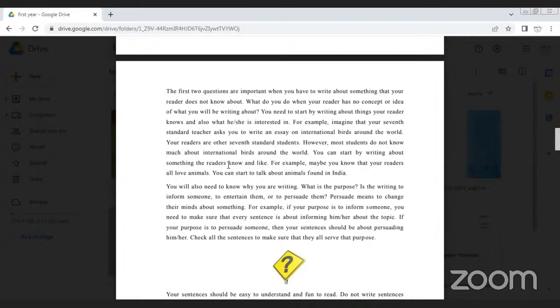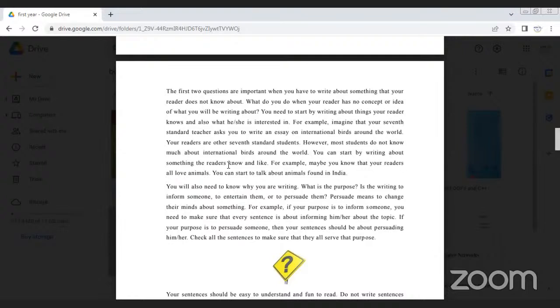You need to start by writing about things your reader knows and also what he or she is interested in. For example, imagine that your 7th standard teacher asks you to write an essay on international birds around the world. Your readers are other 7th standard students.